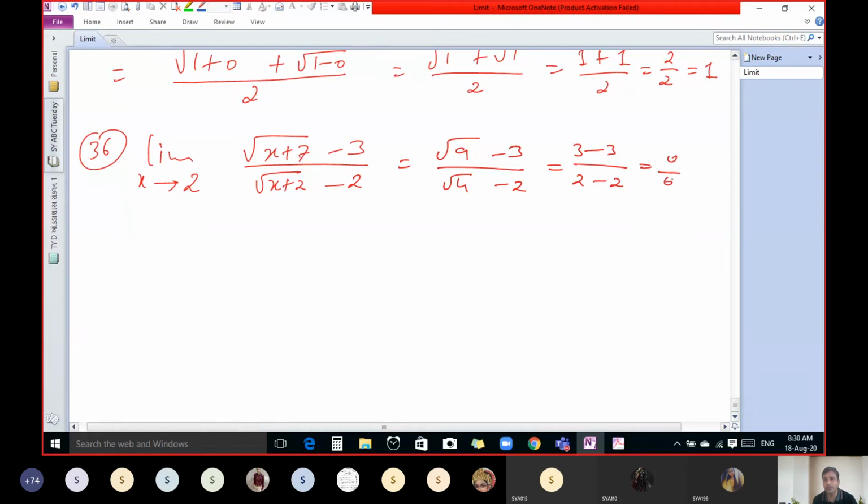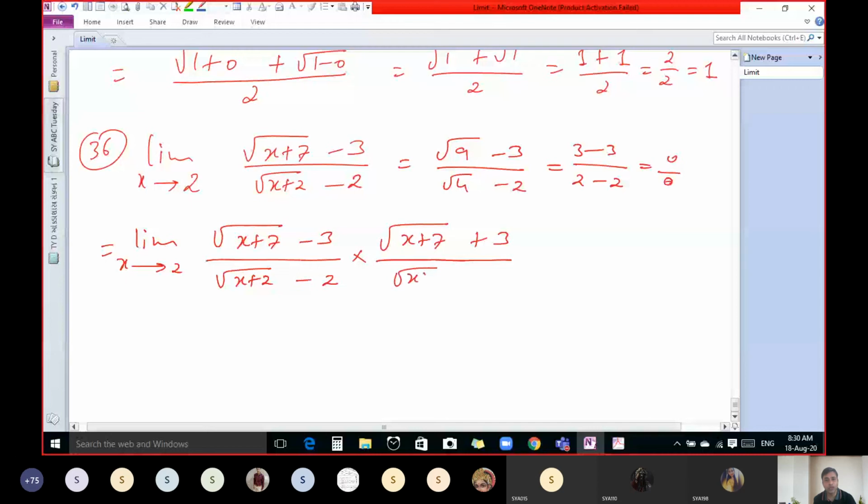And 0 by 0 is there, and in the question square root is there. But square root is in the numerator as well as in the denominator. So we have to do rationalization 2 times, one for the numerator and the other for the denominator. And you can do this step simultaneously. Let us do it for the numerator, so you can write this.